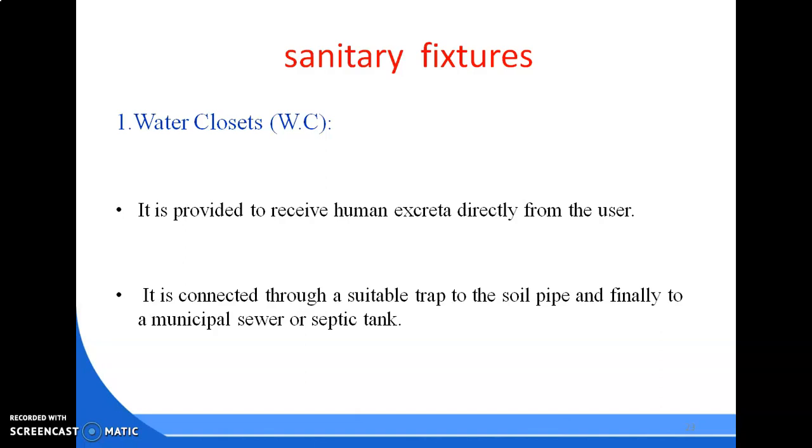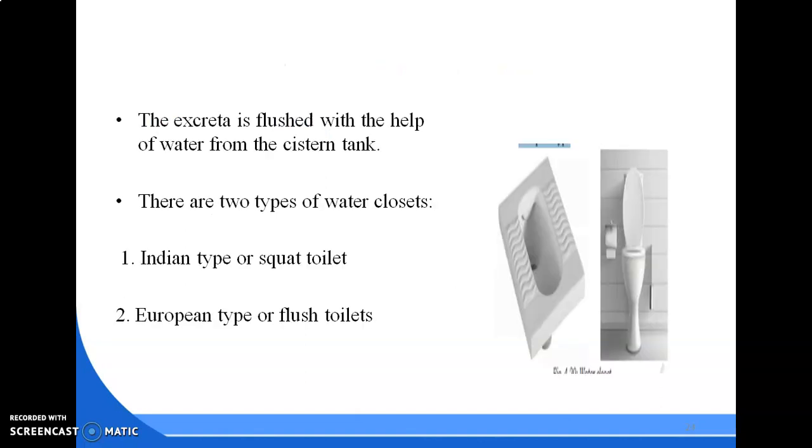The room in which it is installed is sometimes also referred to by the term water closet or WC. It is connected through a suitable trap to the soil pipe and finally to a municipal sewer or septic tank. There are basically two types of water closet: number one, Indian type or squat toilet, and number two, European type or flush toilet. Let us discuss them one by one.